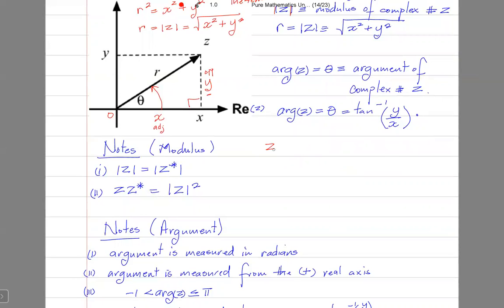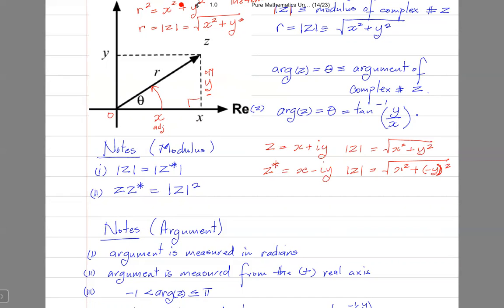So if you have a complex number z equal to x plus iy, the modulus of z would be equal to the square root of x squared plus y squared. The conjugate of that complex number is x minus iy, and its modulus would be equal to the square root of x squared plus minus y squared.